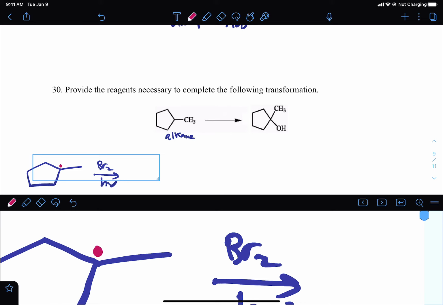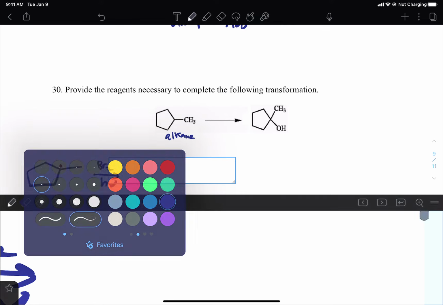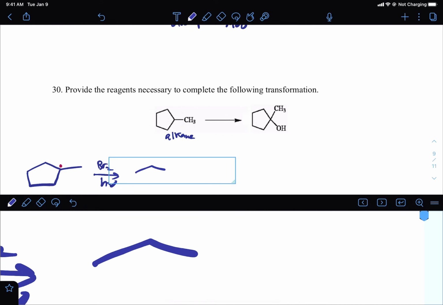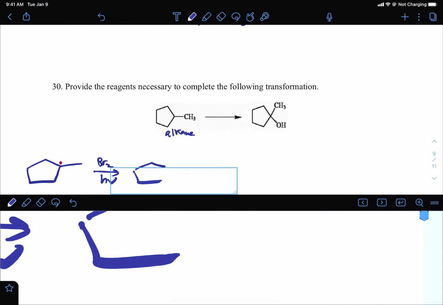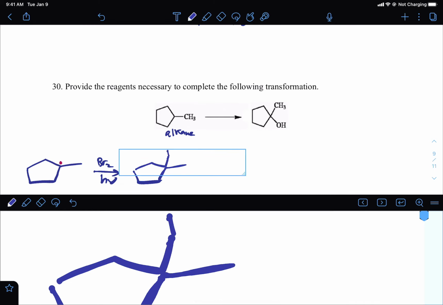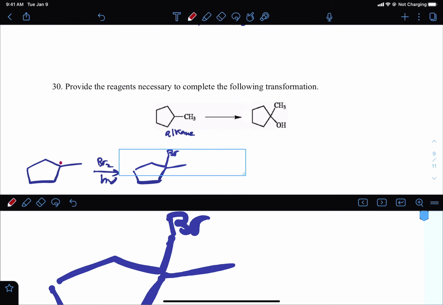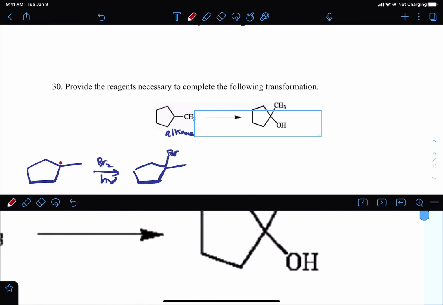That's our tertiary site, so that's going to create the tertiary radical, and that's where the bromine ends up. Interestingly, that maps pretty nicely onto our product.